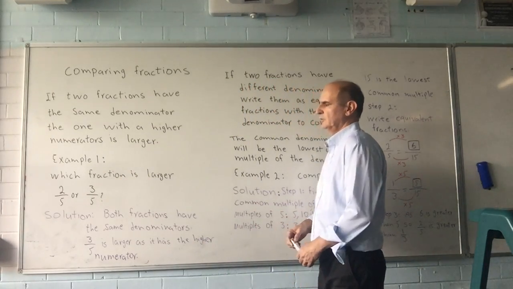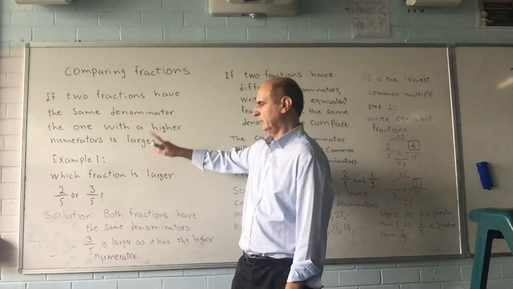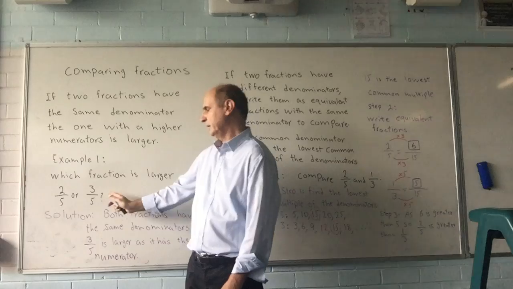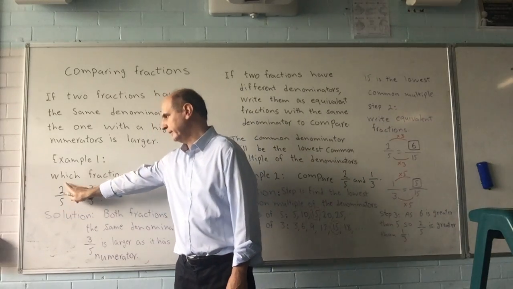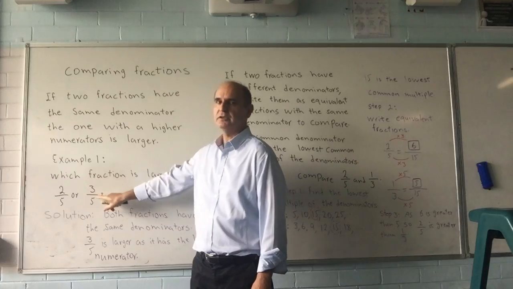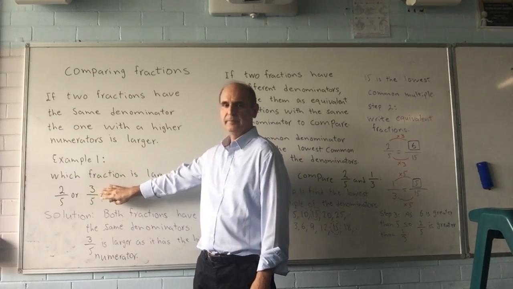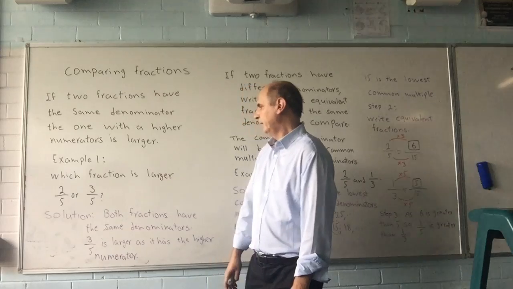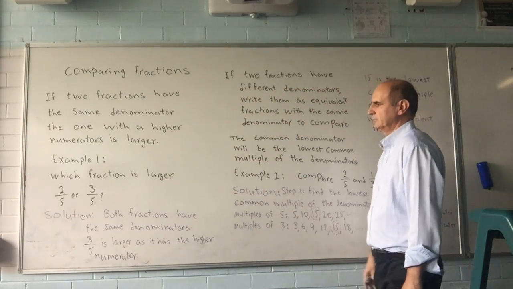You can see it on a pizza. If you divide a pizza into 5 parts, here you're taking only 2 parts, and here you're taking 3 parts. Obviously, you get more here. So it's so simple when you have the same denominators.